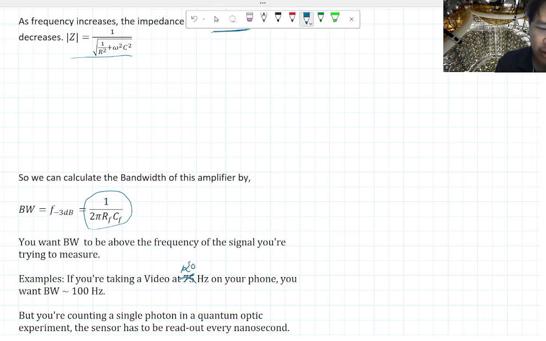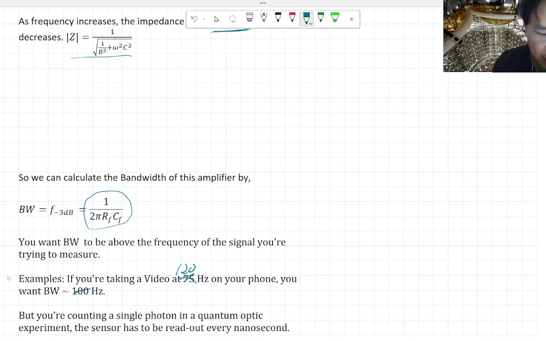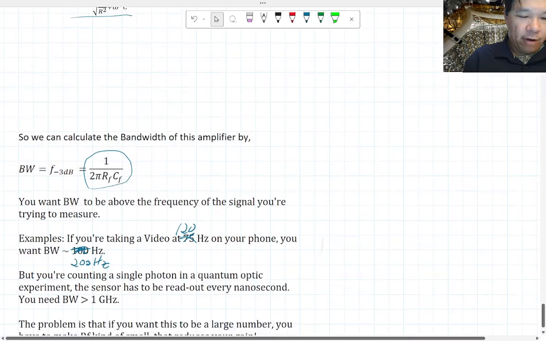Now we're doing 120 hertz videos on your phone. You want the bandwidth to be substantially higher than that. So maybe you want the bandwidth of your photodiode to be 200 hertz, and that's a pretty slow amplifier.